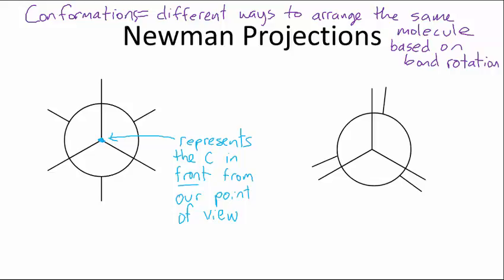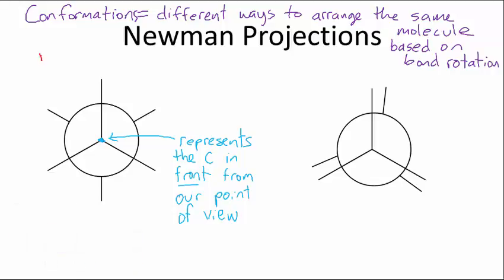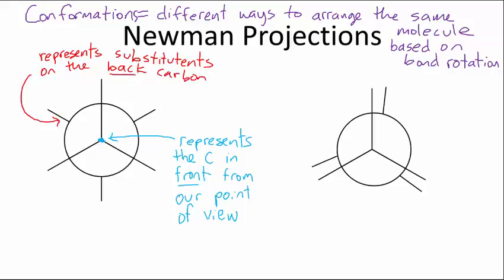And then those other three lines that come out of the circle, those represent the substituents on the back carbon. So it's like that circle is showing the back carbon is blocked from our view, so we can only see the bonds coming out from it.